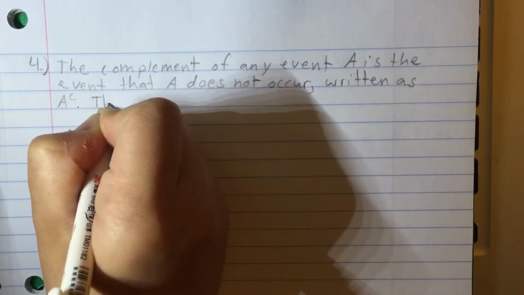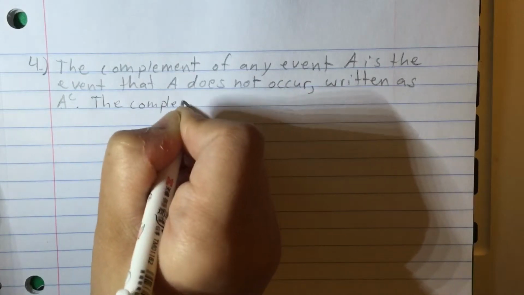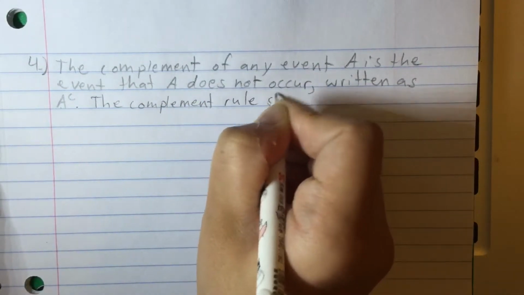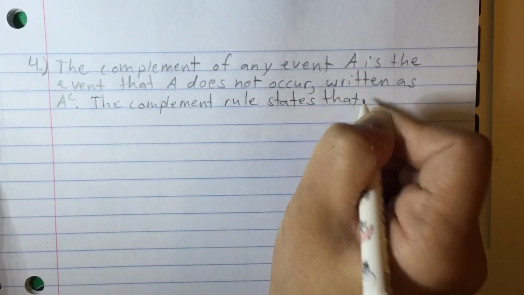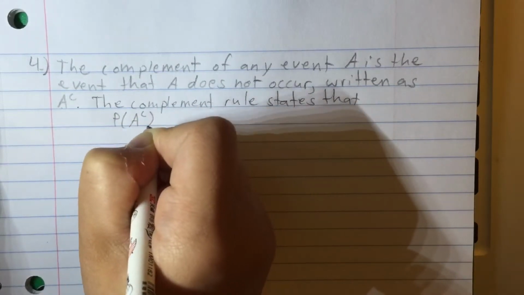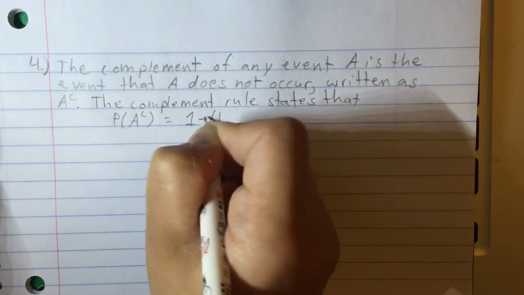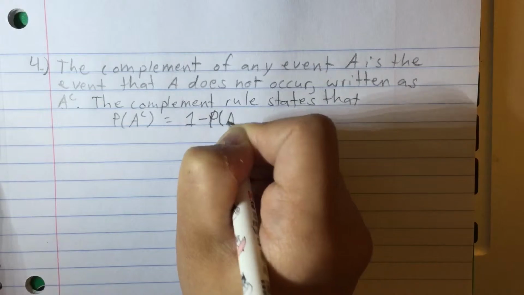The complement rule states that the probability of the complement of A equals 1 minus the probability of A.